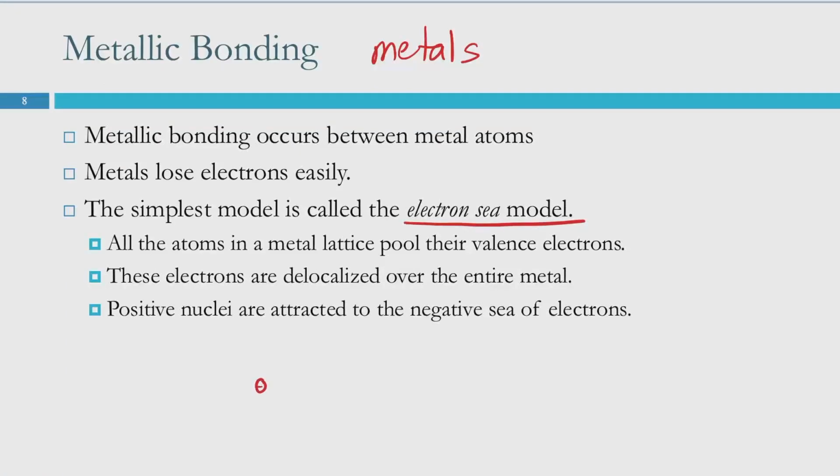Basically, we've got a bunch of positively charged metal centers that are all just sitting next to each other, and we've got electrons that are floating around, loosely and freely shared between our metal centers.